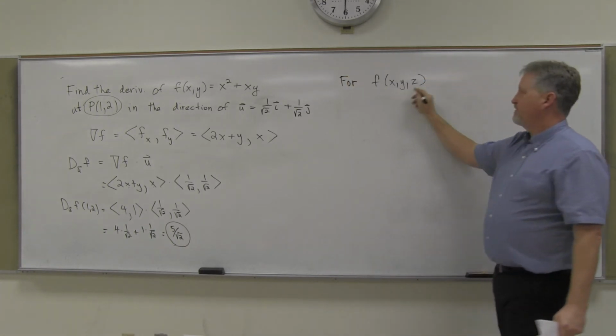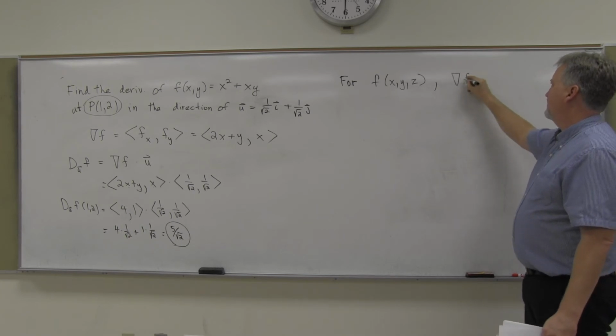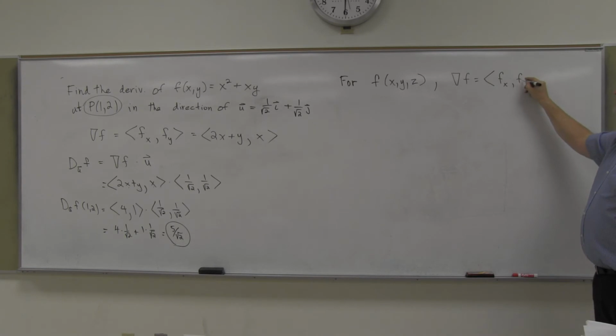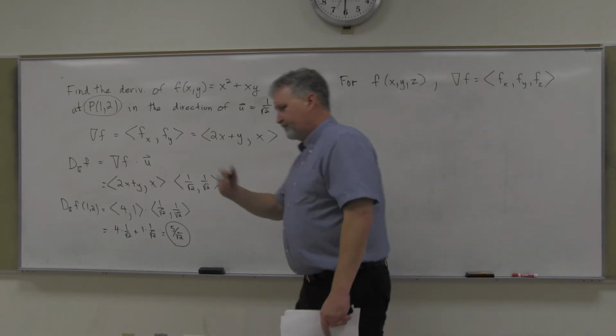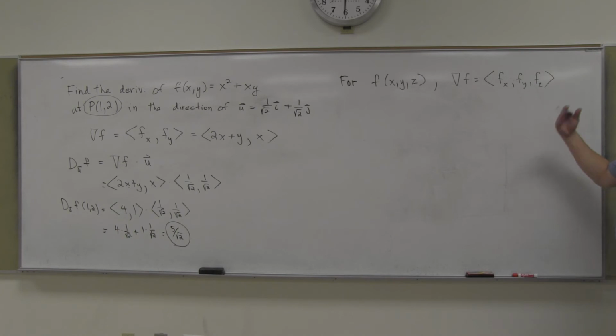So let's say we've got a 3-variable function. The gradient of f would be a 3-component vector, and each component would be the partial derivative with respect to x, and then y, and then z.